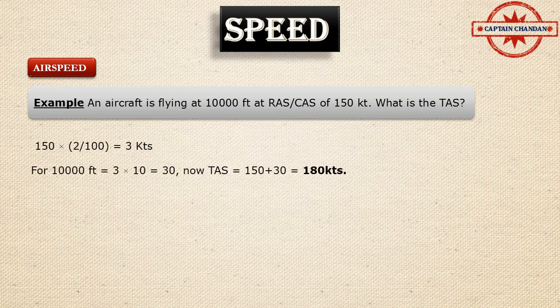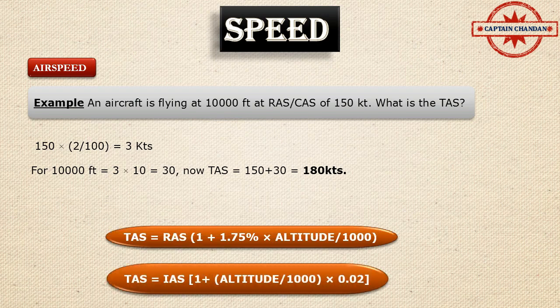So 2% of rectified airspeed equals 3 knots, and adding for each 1000 feet, for 10,000 feet it will be 30. So TAS equals 150 plus 30, that is 180 knots, or you can put the values in the formula which is displayed on the screen.